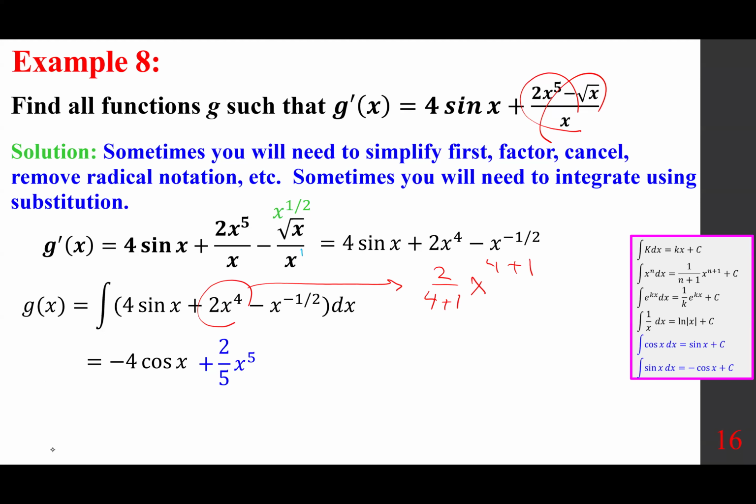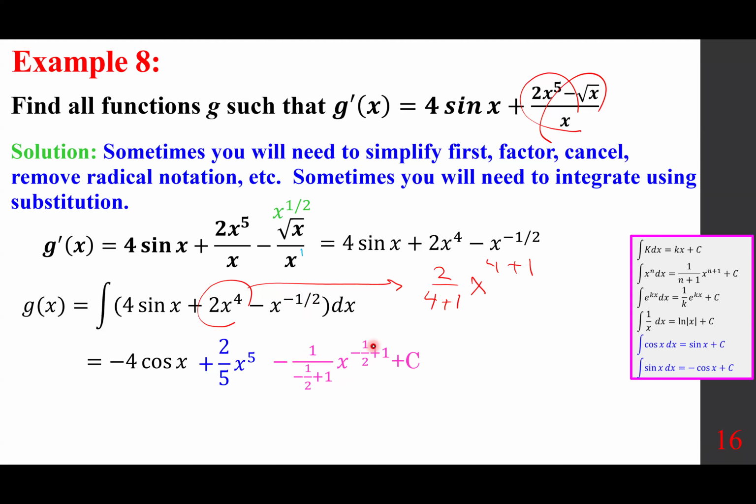Now, the next one, again, it's going to follow the power rule. So minus 1 over negative 1/2 plus 1, x to the power of negative 1/2 plus 1, and a constant. So take a look at this: 1 over the exponent plus 1, x to the power of exponent plus 1. And we are going to simplify.